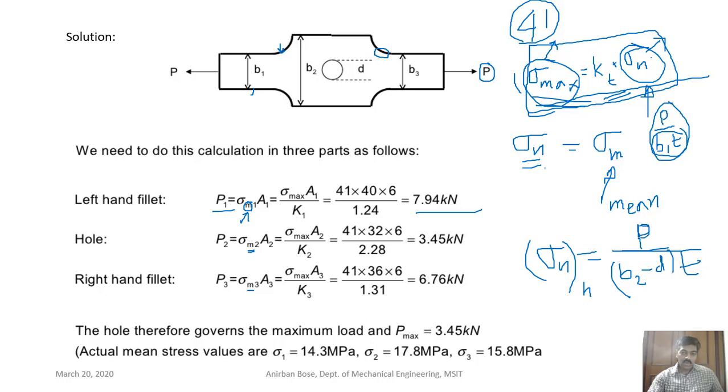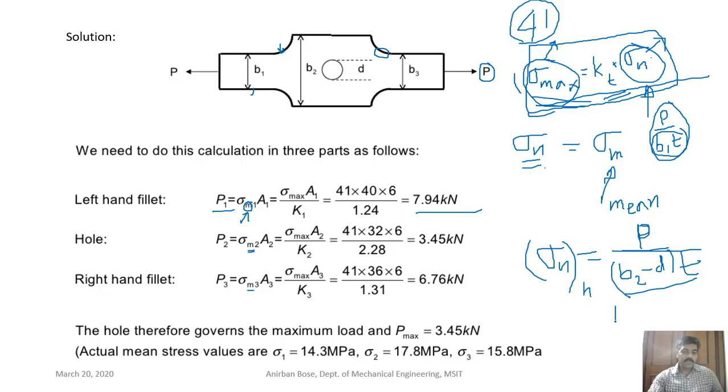P you do not know, so P will remain in the expression, but the denominator you know completely. Kt for the hole you know. Sigma max again we put 41, because that is the maximum allowable possible.